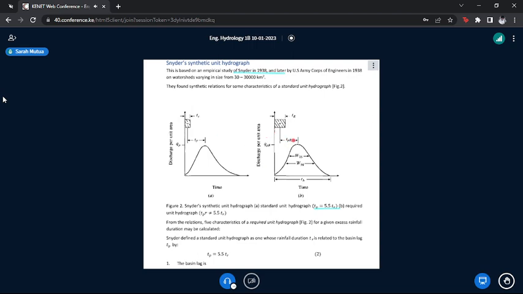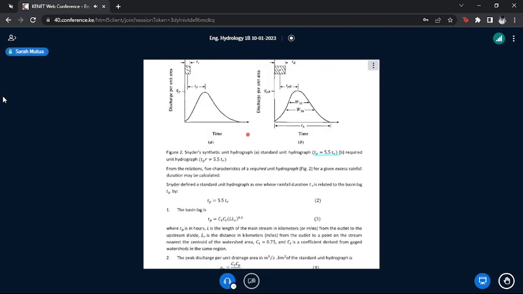So the difference between these two is that the time lag for the required hydrograph, TPR, is not equal to 5.5 TR.